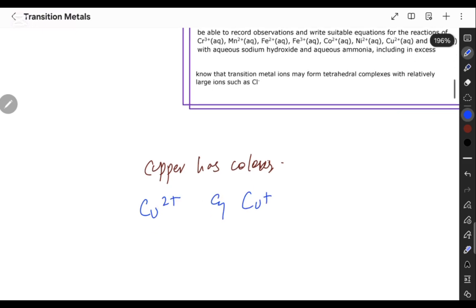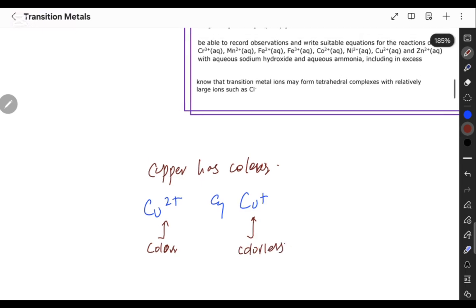Copper 2+ has color, and we're going to see it as well when we go to the reactions. Copper+ is colorless. So this is an important point you have to keep in mind.